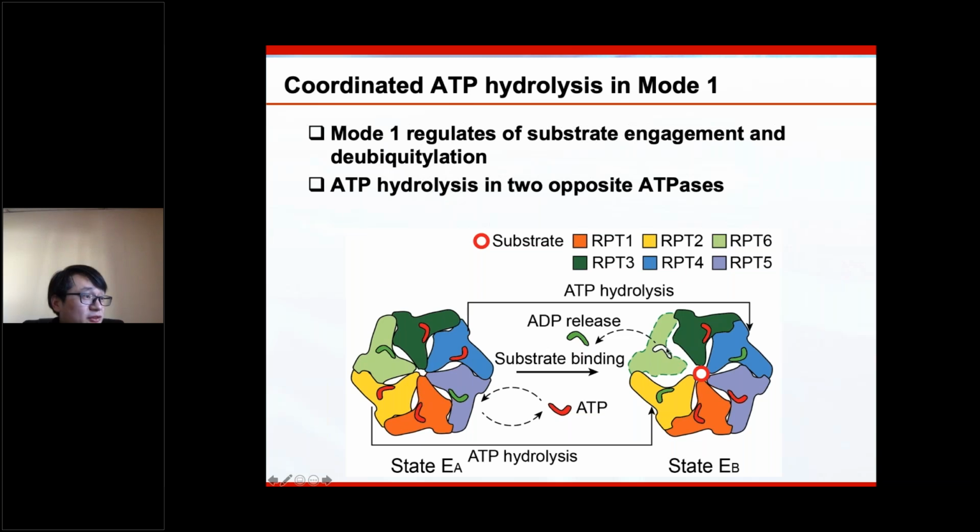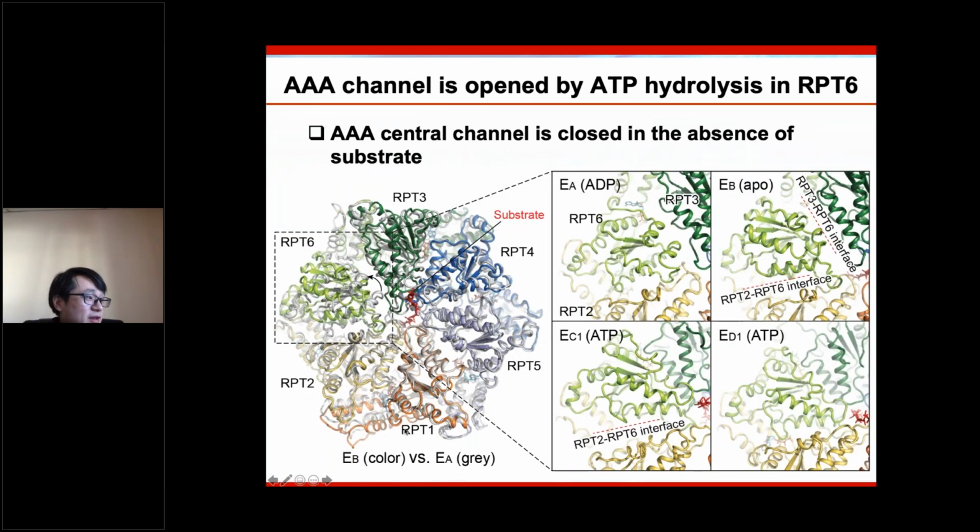So what happens is that we found that the ADP bound to RPT6 has to be released in the state EB in order to open the central AAA channel. So we compare the AAA-ATPase structure between states EB and EA. As you can see, EB is colored for each of the subunits, and EA is shown in gray.